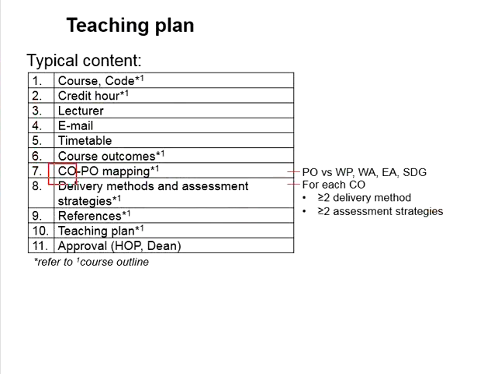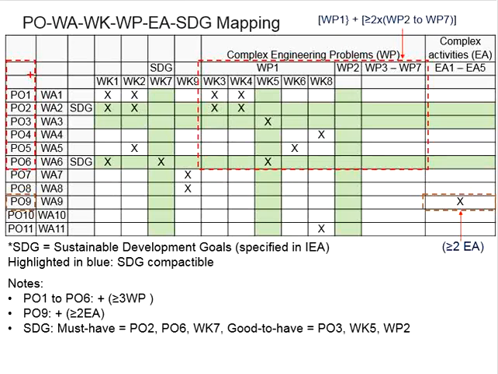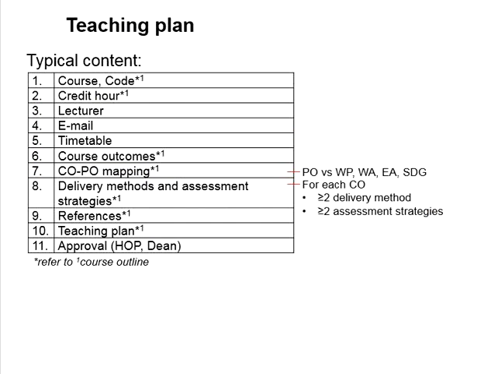When your CO is mapped to certain POs that are in line with certain graduate attributes, whichever components come together with that graduate attribute, such as sustainable development goals, complex engineering problem solving, and complex engineering activities, will have to be incorporated within the teaching and learning activities.